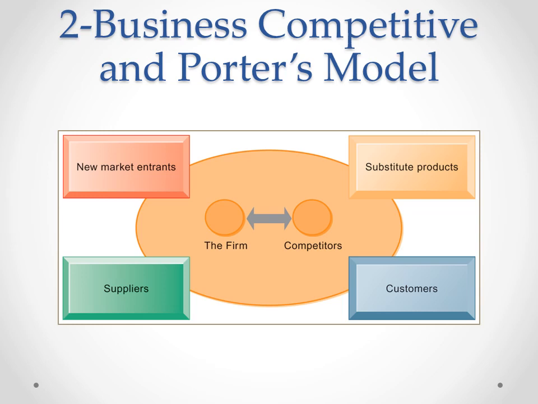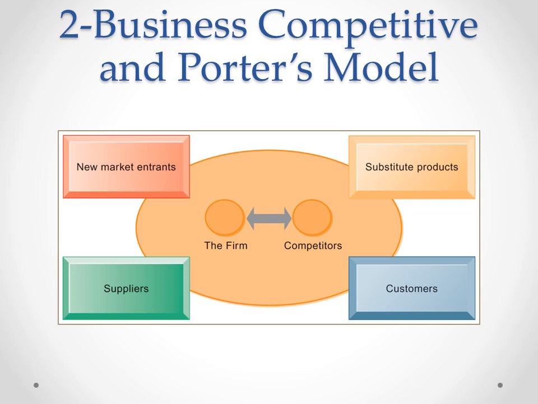The third challenge in this model is customers. Customers can switch to competitors' products or services if prices get high. They can put influence or force on a firm and competitors to reduce their prices.